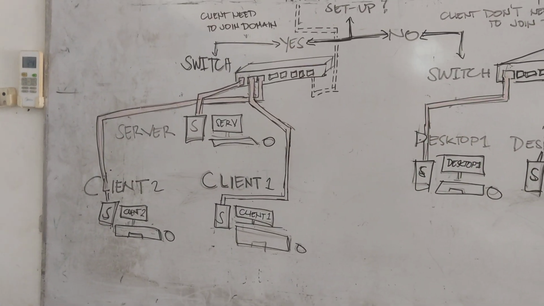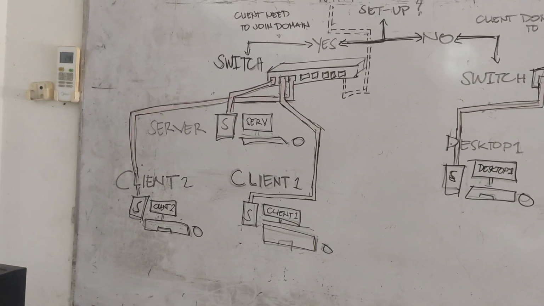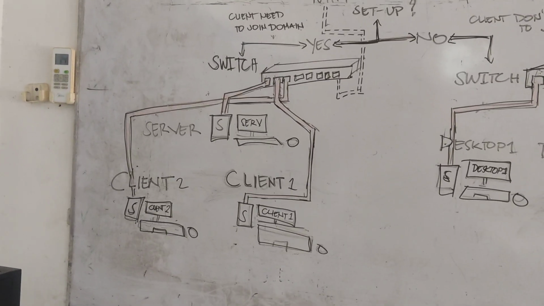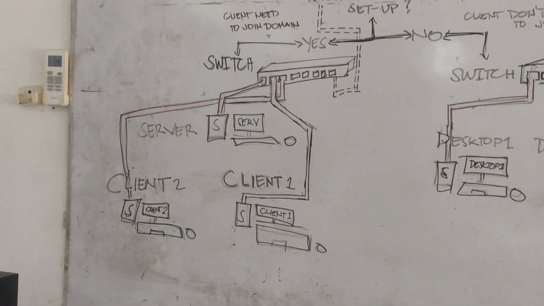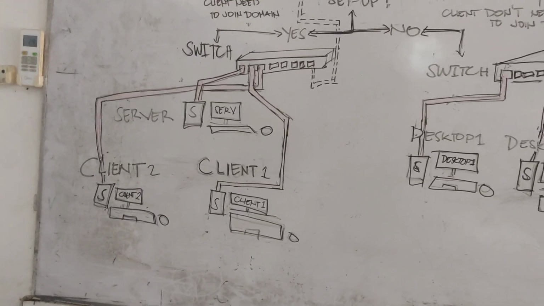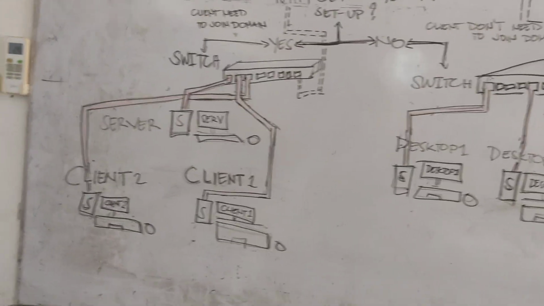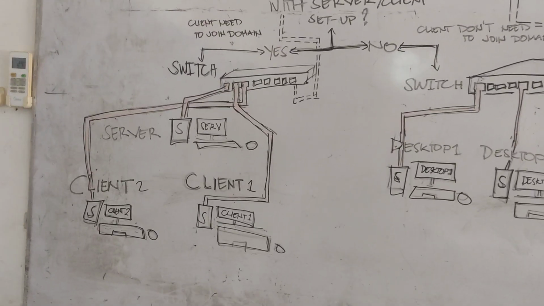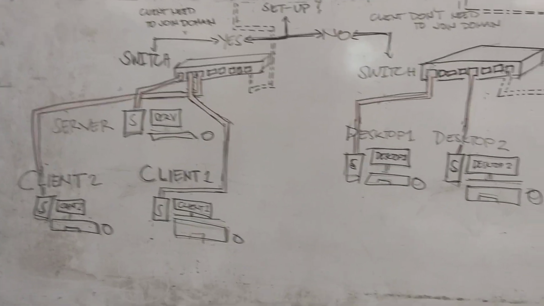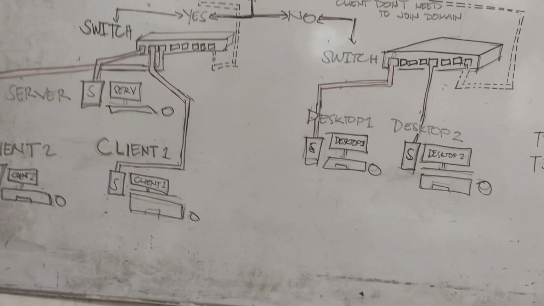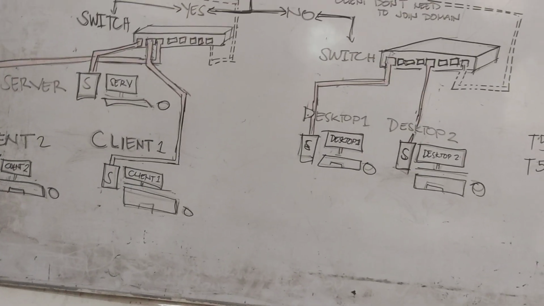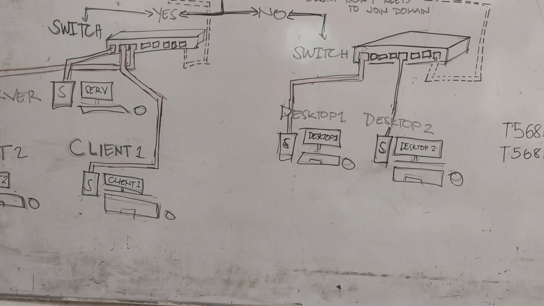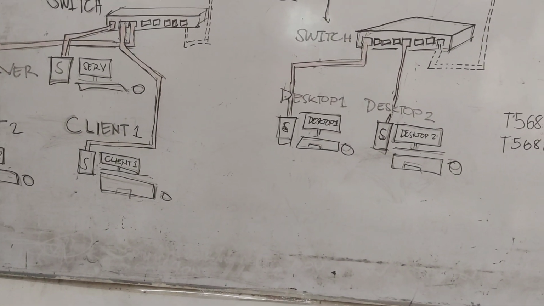That means they have a private relation or connection, because the client needs to join a domain. For example, we have testa.com and the setup of the server desktop. Then all client devices need to join that domain so that they will have a private connection with the server and the client.